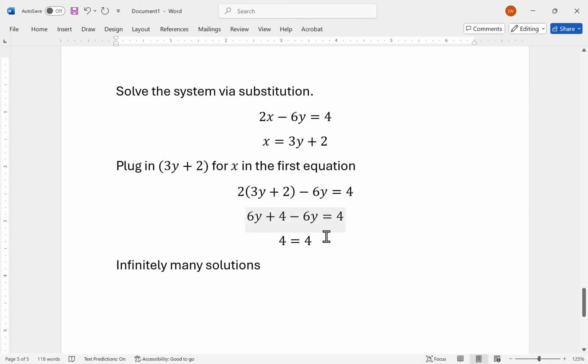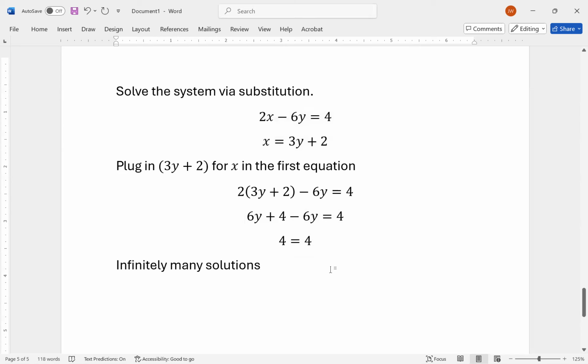In other words, this true statement means that no matter what value of y you plug in, it will give you a true statement. And no matter what value of y you plug in here, you could plug in something there, get an x value, plug in something here, solve it, you get the exact same x value.